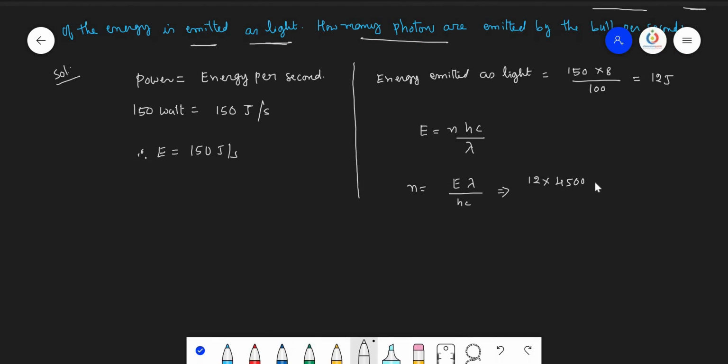Let us convert it into meters, that is 10 power minus 10 meters, divided by H value 6.626 into 10 power minus 34 joule seconds into C value 3 into 10 power 8 meters per second. All are SI units. So, N equals 2.727 into 10 power 19 photons are released from the light.